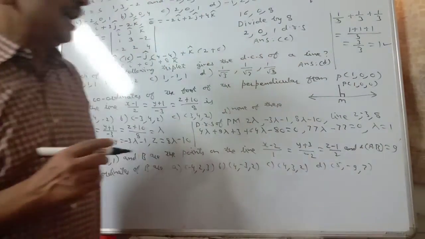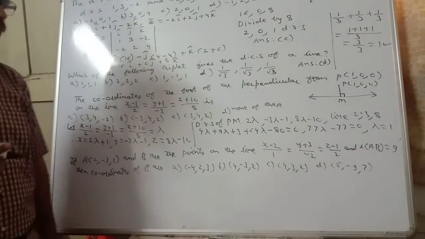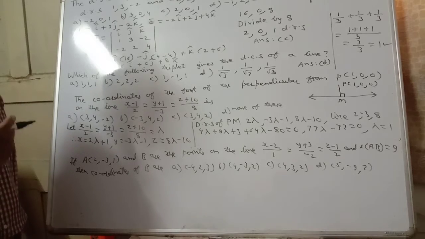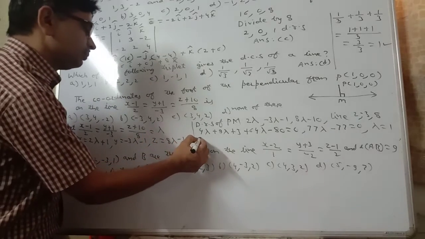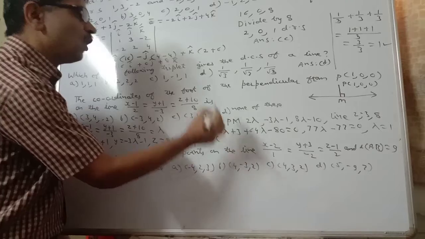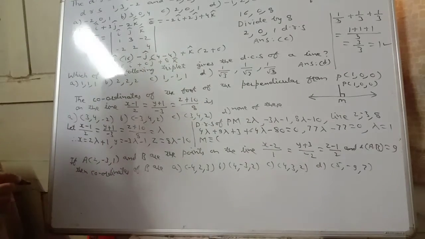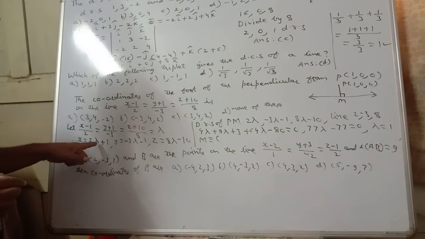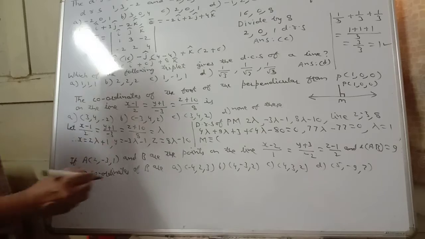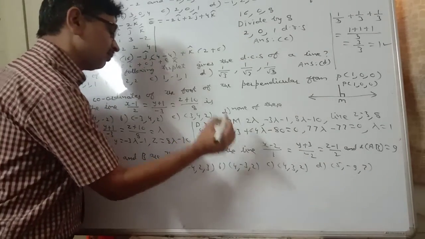Now after getting the value of lambda, we can find coordinates of point M. For that, put the value of lambda here. 2 into 1 plus 1, 2 plus 1, 3.